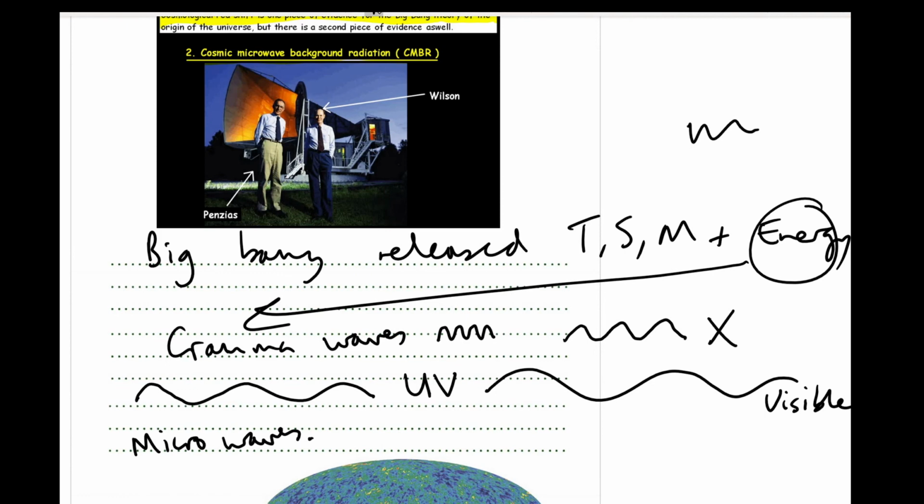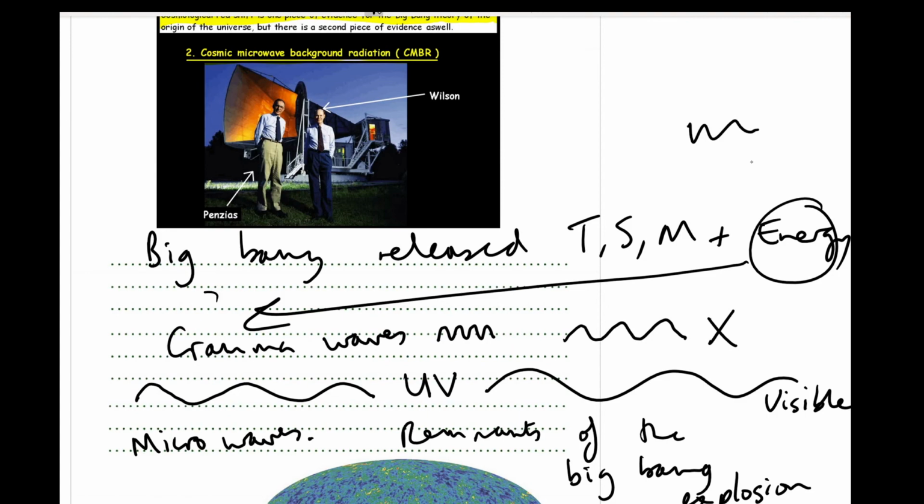And they were spotted by these two individuals, Penzias and Wilson. They had a detector, and wherever they put that detector up in the sky, they could hear this background microwave radiation. It was the remnants of the Big Bang explosion, when all of that gamma radiation was first released.